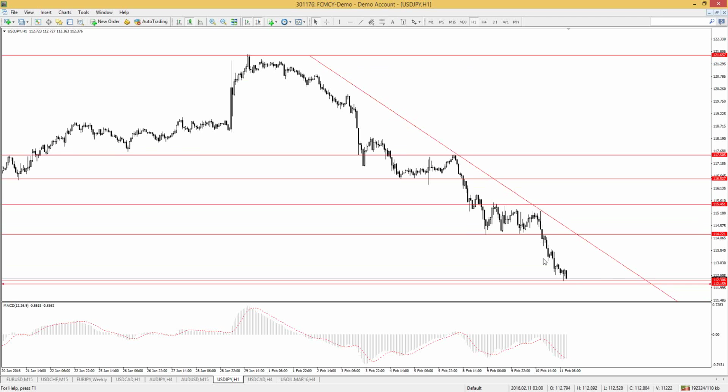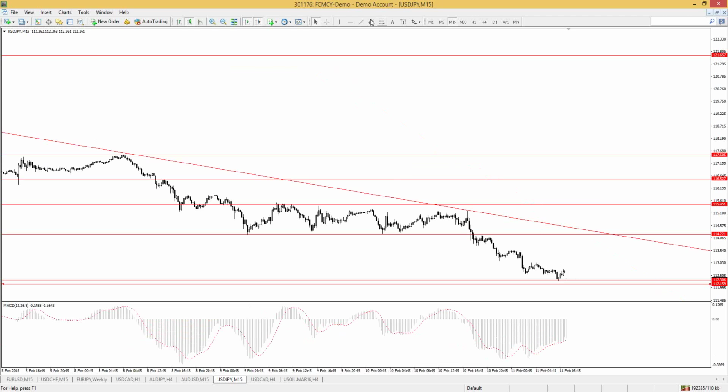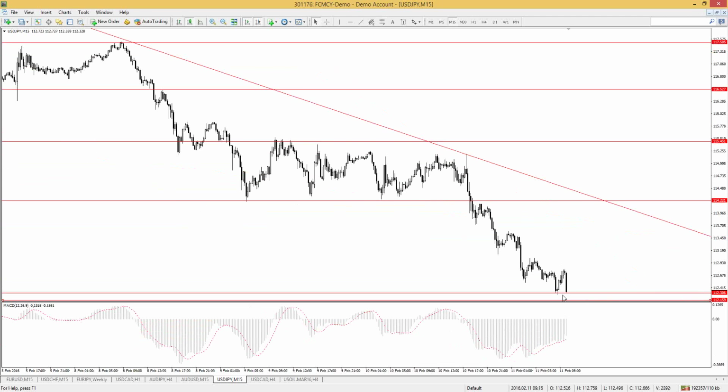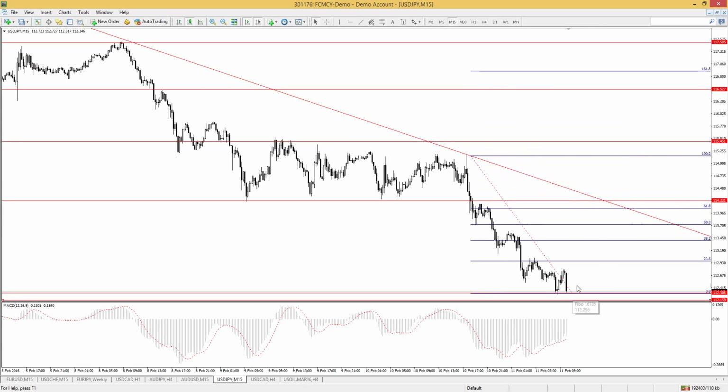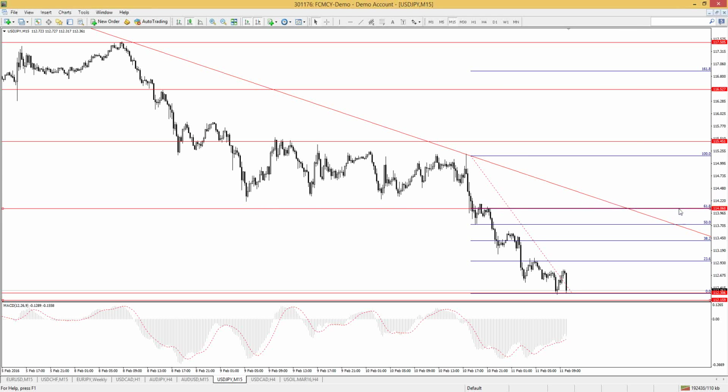Yeah, I expect actually to see here a retracement to find support at 112.20, and then we may see a retracement. At the moment, with the move that we have here, the retracement could go up to 114.20.